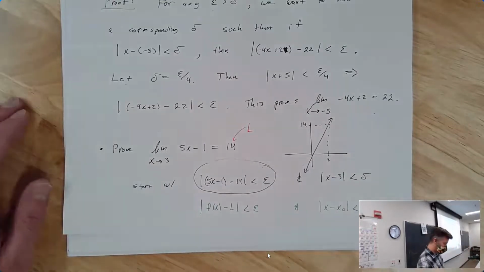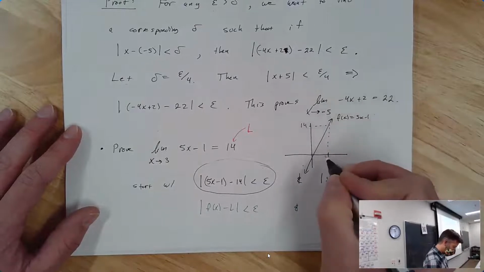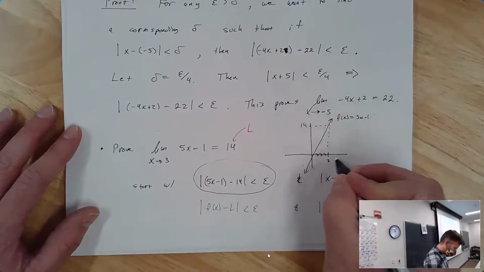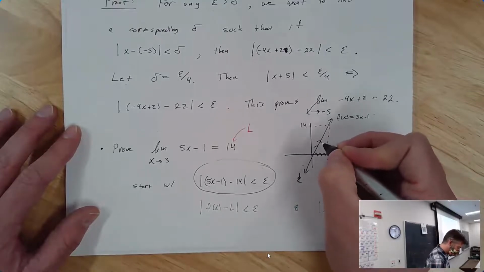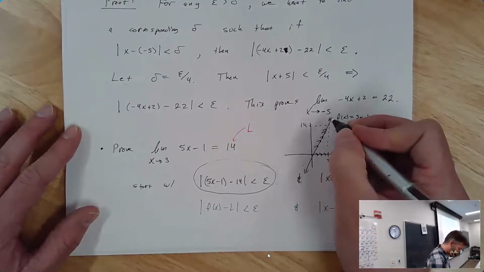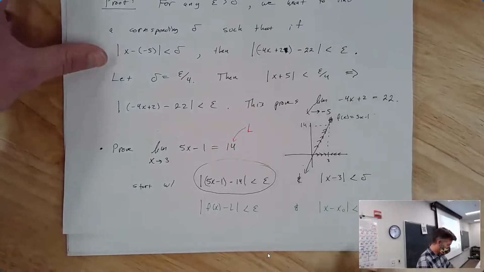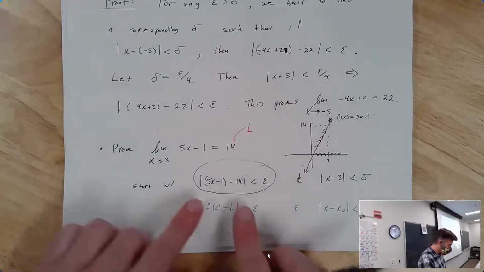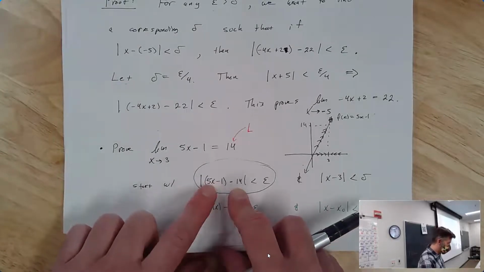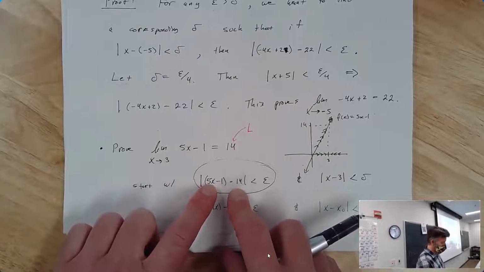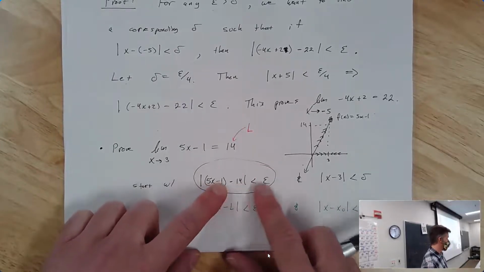What we're saying is that as the x values get closer and closer to 3, the y values, which is the limit, get closer and closer to 14. And what we're really saying with this notation is that the difference between these two things is small. The function 5x minus 1 is close to the limit 14 by saying that their difference is less than a really small number.